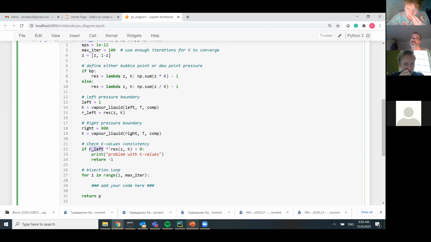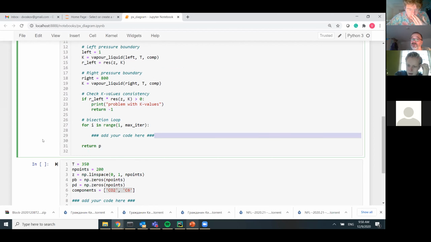That means on the left it should be one sign, let's say minus, and on the right it should be plus. So if they are both minus or both plus, this is an error. This is a problem with the K values. That can happen, for example, if you're mixing two gases, if there is no liquid, then two-phase never would form.